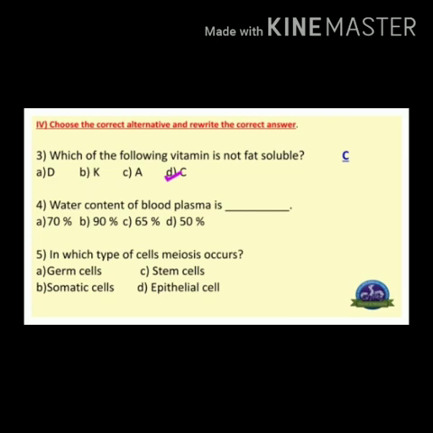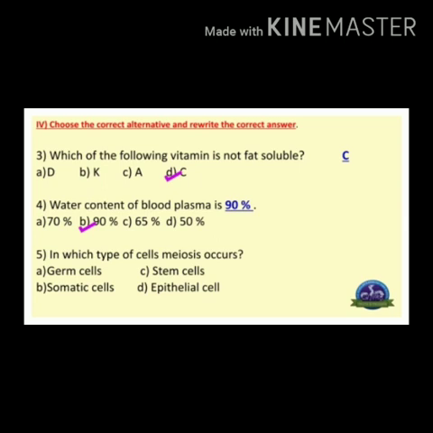Now read fourth question. Water content of blood plasma is dash. Option A, 70%. Option B, 90%. Option C, 65%. Option D, 50%. Answer is option B, 90%. Write down 90%. Now read question number 5.